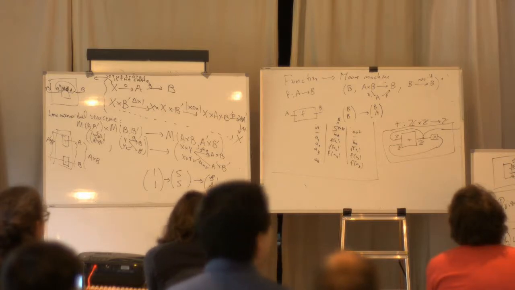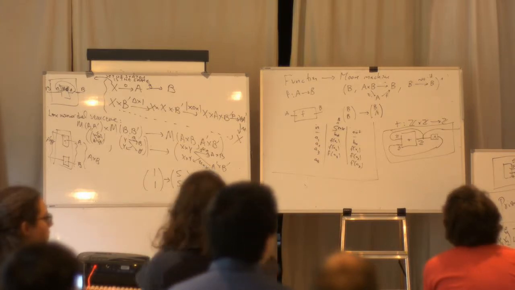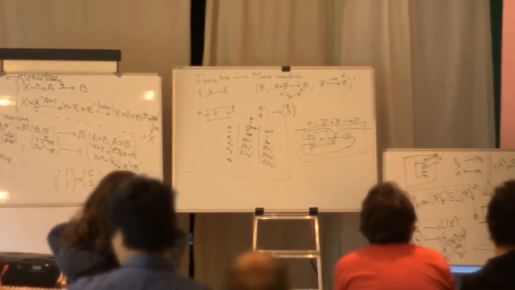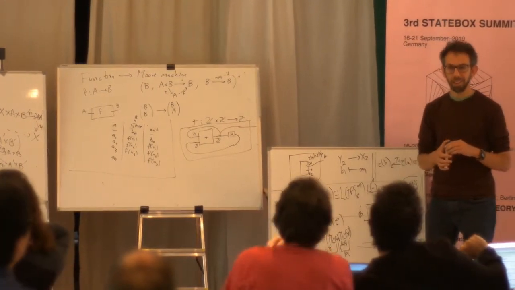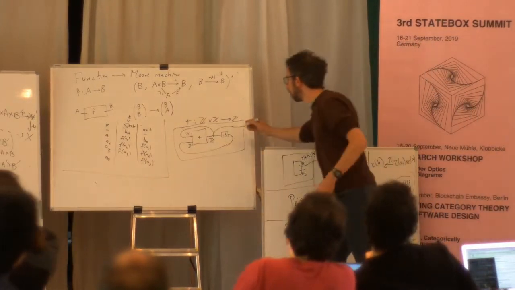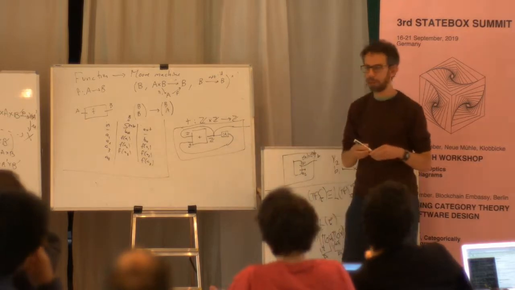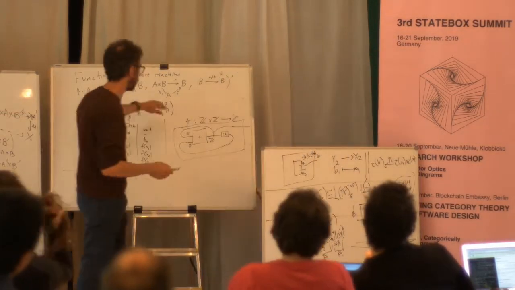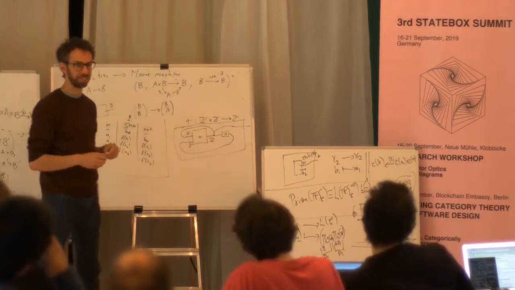You're talking about classical signal flow graphs. They're the same thing, the classical and the algebraic. They implement the same function, only the functions are black boxes here. For any function, we get a Moore machine. And this is the identity. Okay. Sorry.